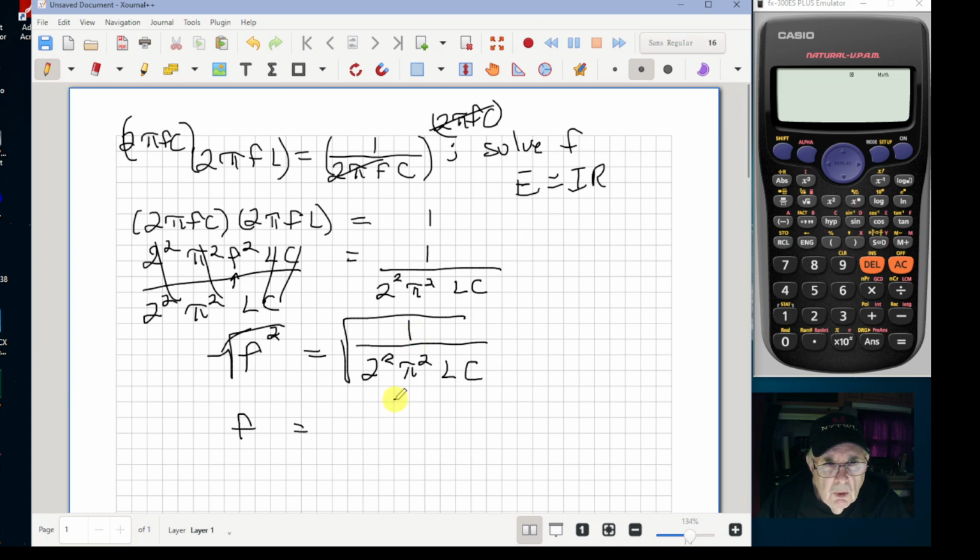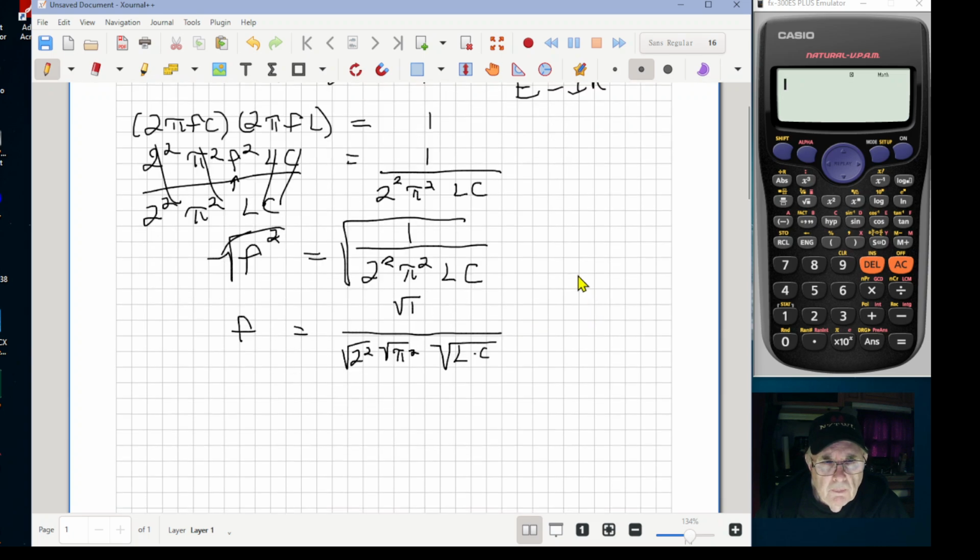So we get the square root of 1 over the square root of 2 squared times the square root of pi squared times the square root of L times C. The square root of 1 is 1.